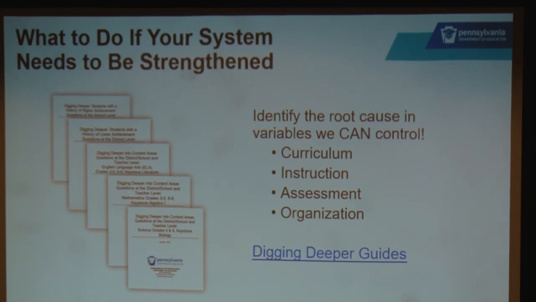These help with those questions. So you don't have to be thinking about all those potential root causes of why something might be working or not. This is a guide to help you do that. We have them for every subject area. We have them focused on strategies and factors for students with high achievement and students with low achievement as well. So you may want to check those out. Okay?